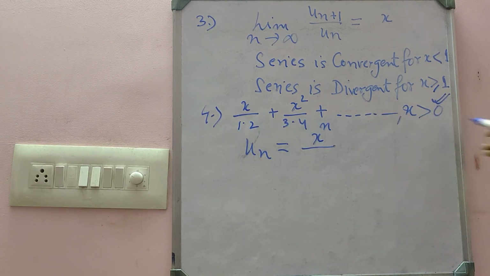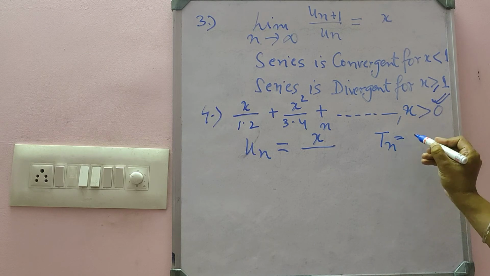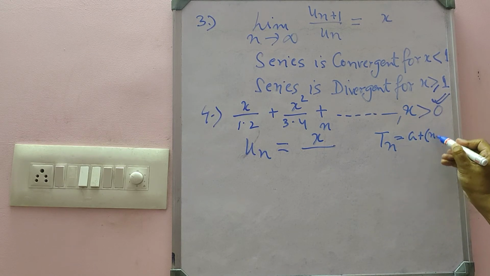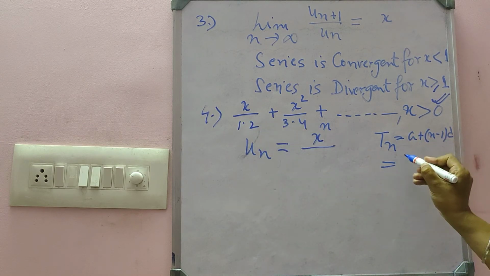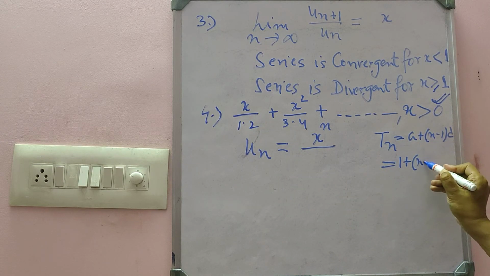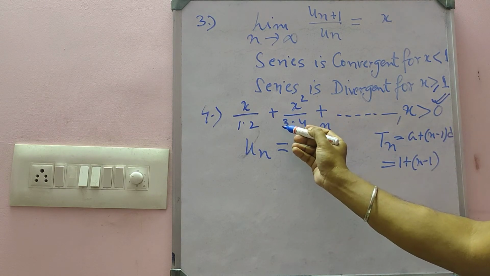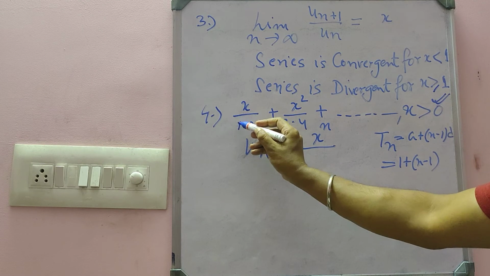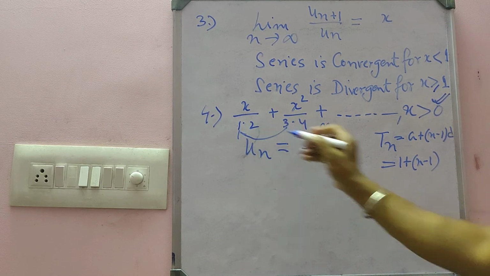It means it's going in an arithmetic series. In an arithmetic series we know the nth term is found as a plus n minus 1 d. A means the first term. What is your first term? 1 plus n minus 1, and d means always the second term minus the first term. So 3 minus 1 is 2.